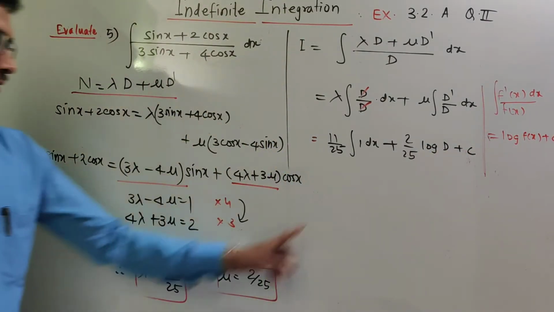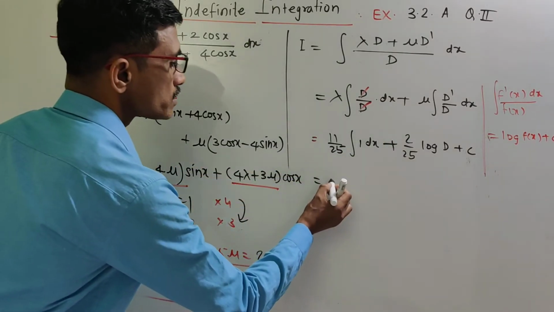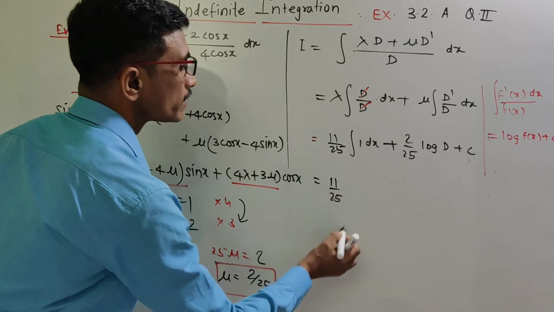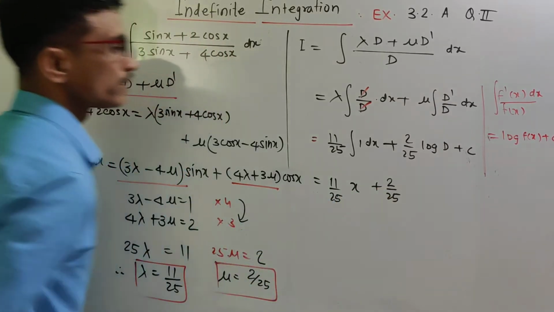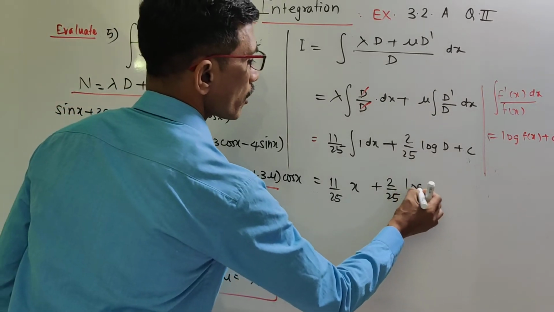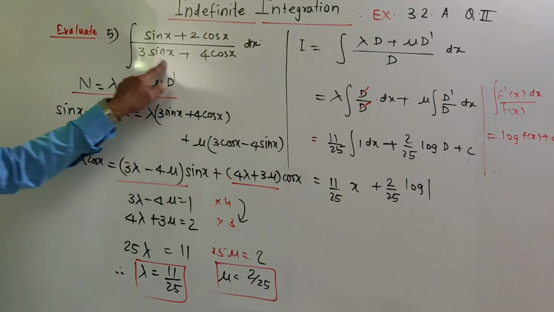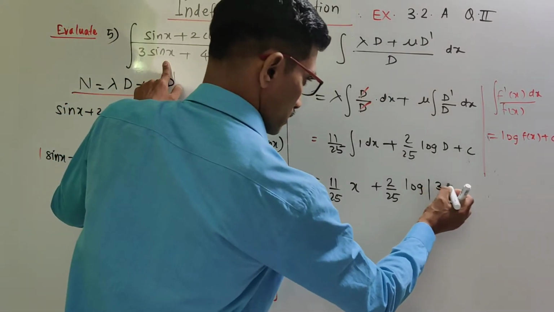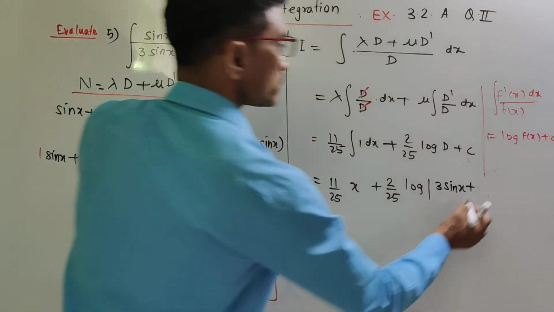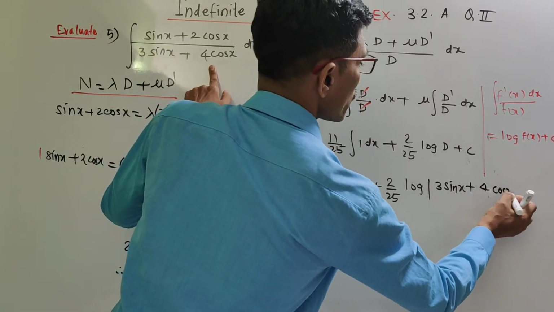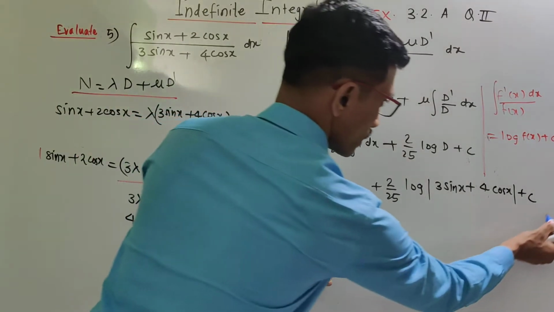Then integral 1 dx is x, which is 11 upon 25 x plus 2 upon 25 log of d, where d is equal to 3 sin x plus 4 cos x, plus c. So this will be our answer.